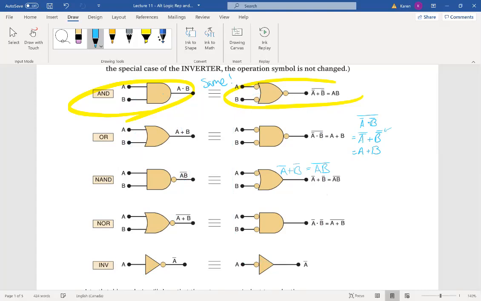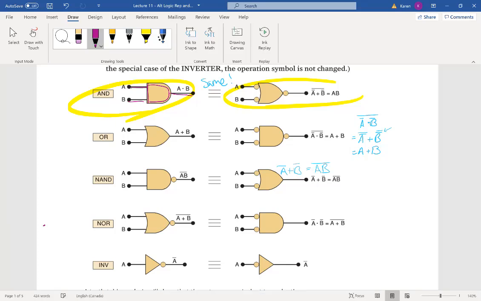It's pretty handy. Now, how do you do this? Let's say you are approaching a final exam and I say, draw the alternate logic gate representation of an AND gate. Here's our AND gate. To make the alternate, here's the secret.